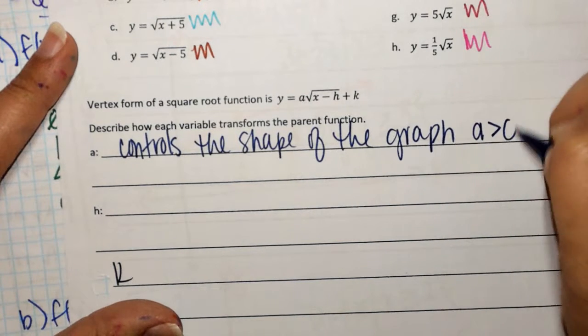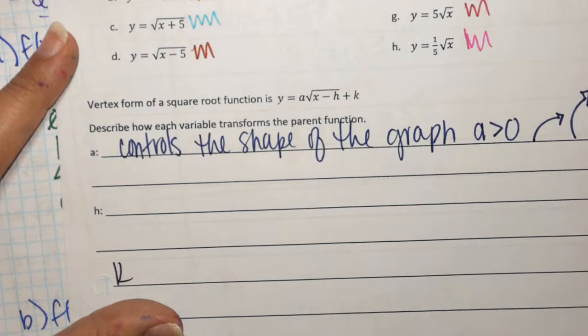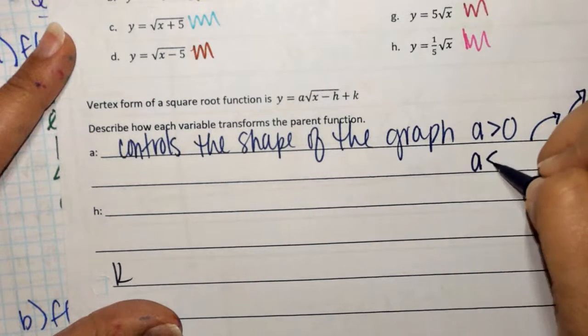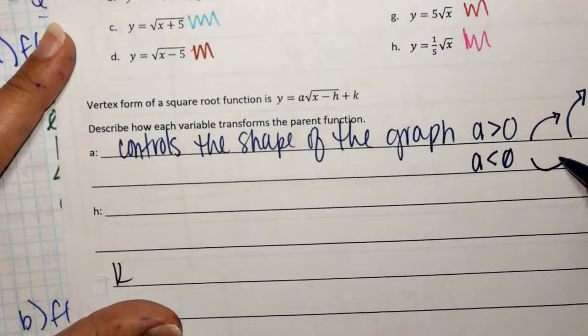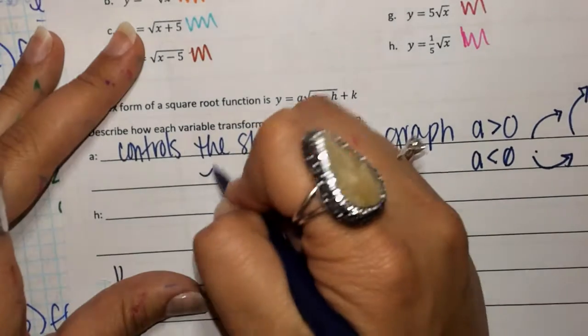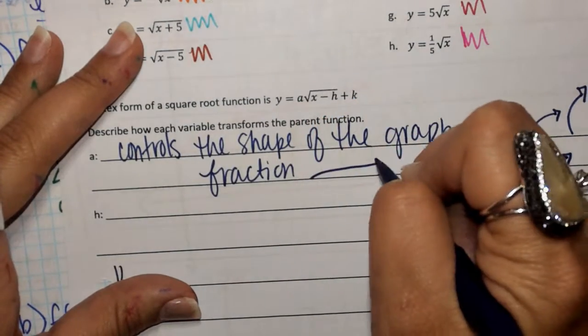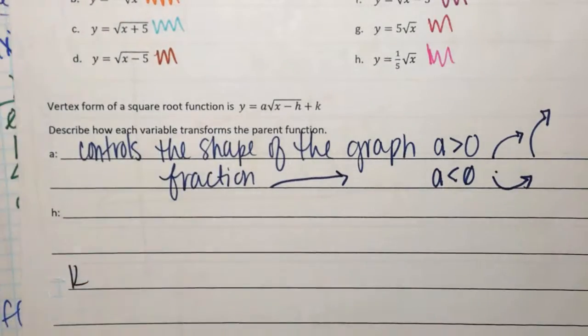If A is greater than 0, it's up like this, and it's steep. If A is less than 0, it's underneath. And if A is a fraction, it's flat. Do we agree or disagree? Agreed.